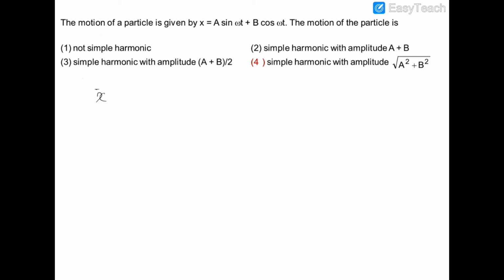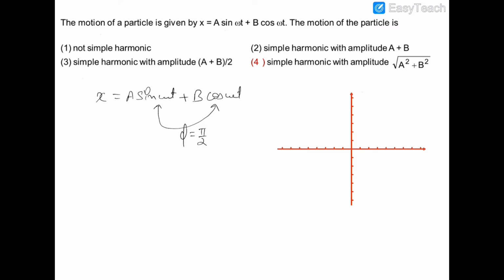And we can easily see that this is a simple harmonic motion because it is a combination of two motions which have different amplitudes and which have a phase difference of pi by 2. You can see that this cos omega t has a phase difference of pi by 2 with sin omega t, and the amplitude of this motion is different. So you can directly add these SHMs by the method I have demonstrated already.